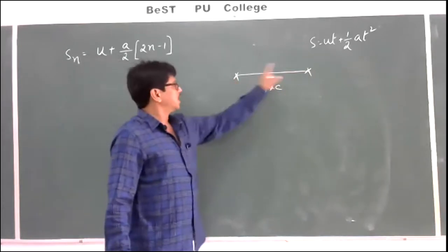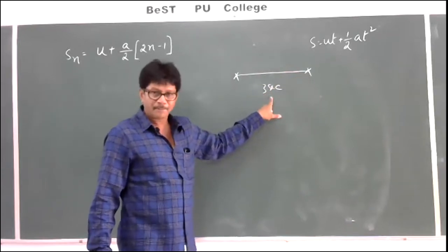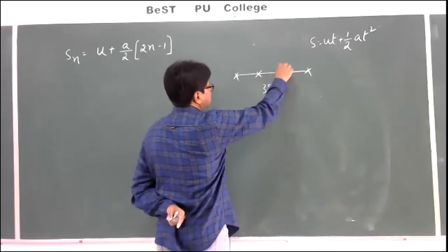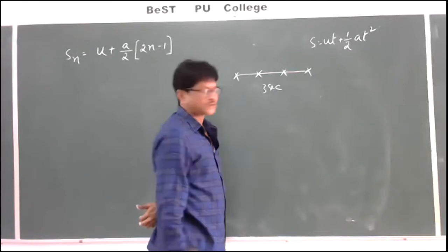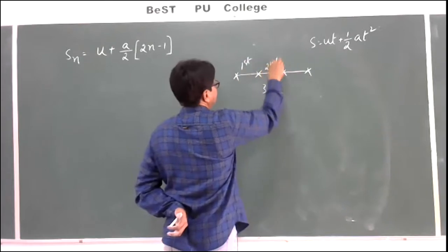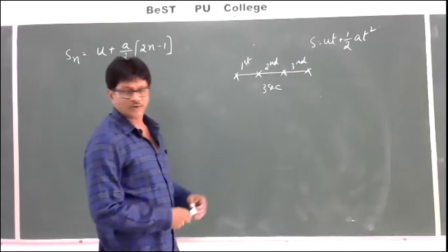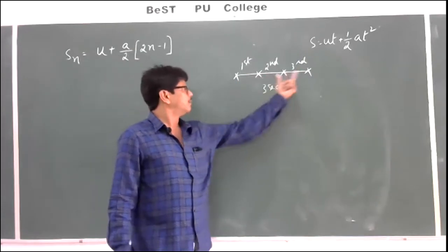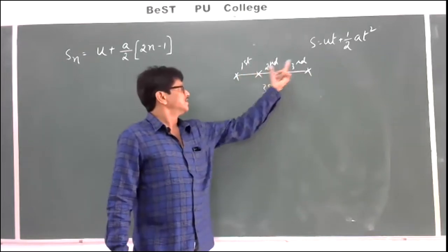If the total time of travel is 3 seconds, then if I divide it into 3 equal parts, first second, second second, third second. I am dividing this duration into 3 equal parts: first second, second second, third second.